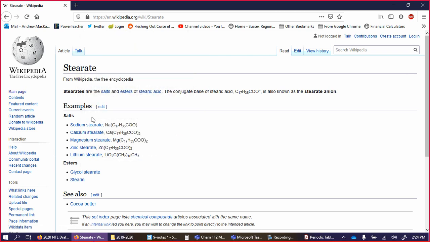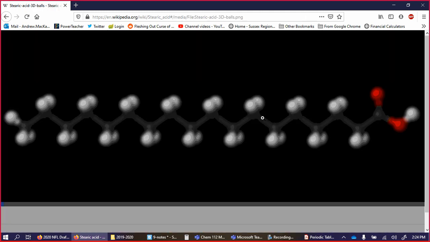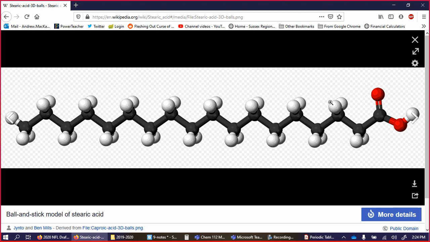Stearates or salt, whatever. Stearic acid has an H. So when we talked about acetic acid, it stopped there. Stearic acid goes all the way down.